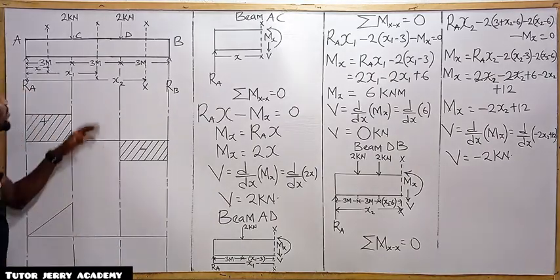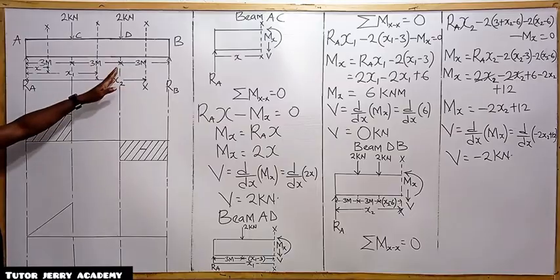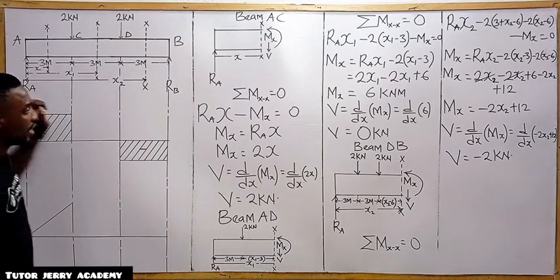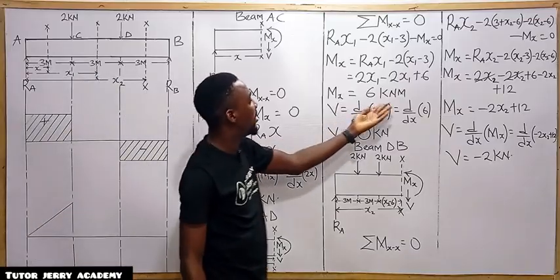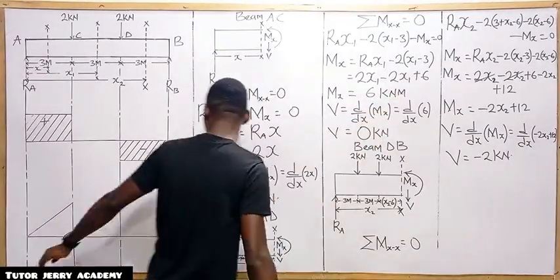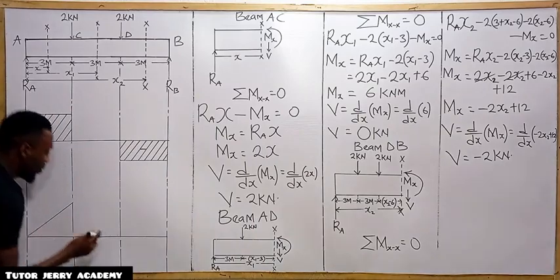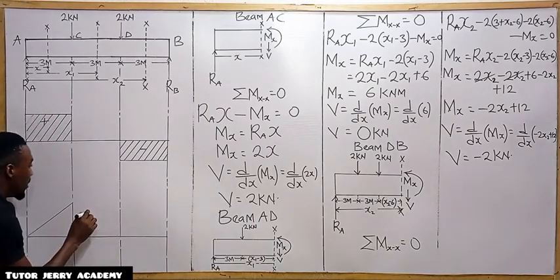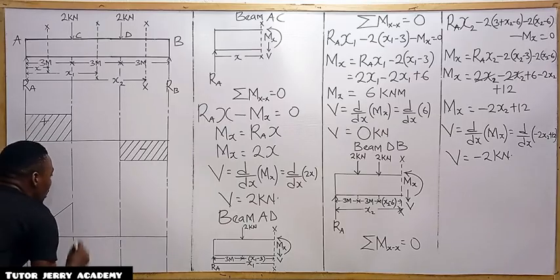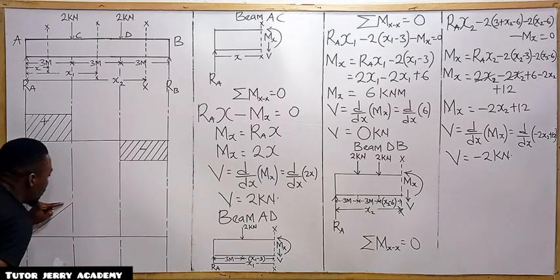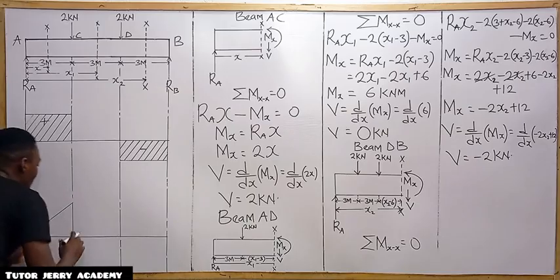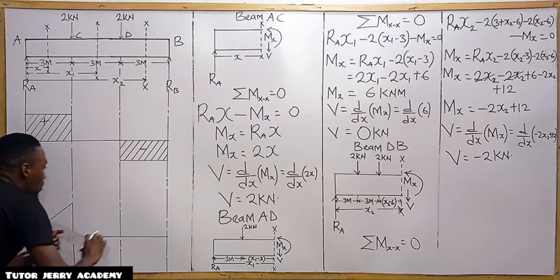Alright. So now let's find the moment at point D. So the point D is at distance 6. So let's go to the moment equation. You can see the moment there is 6. So it means that from this point to this point will also be 6. So since this one is 6, it shows that it's constant there, right? Because from this point to this point is also 6.